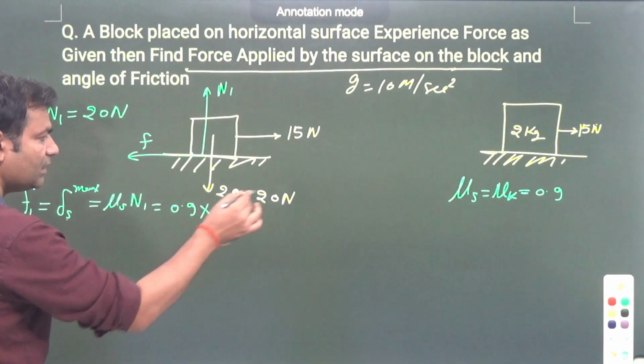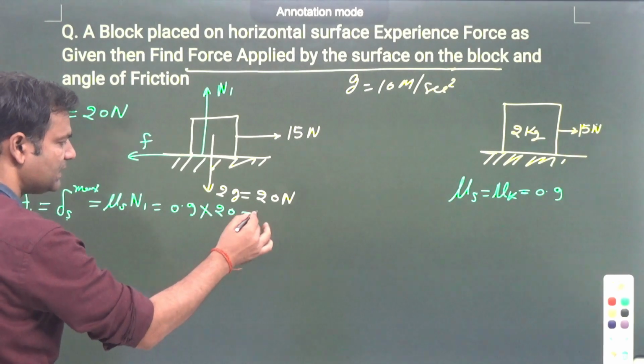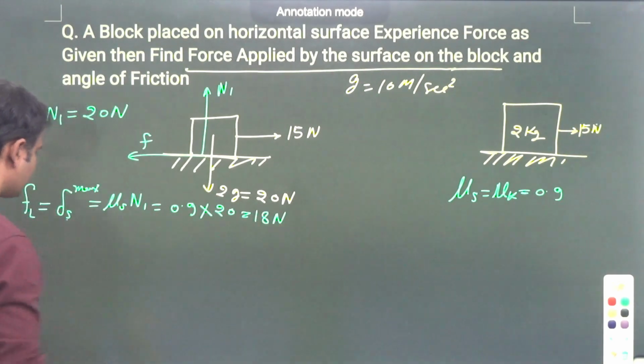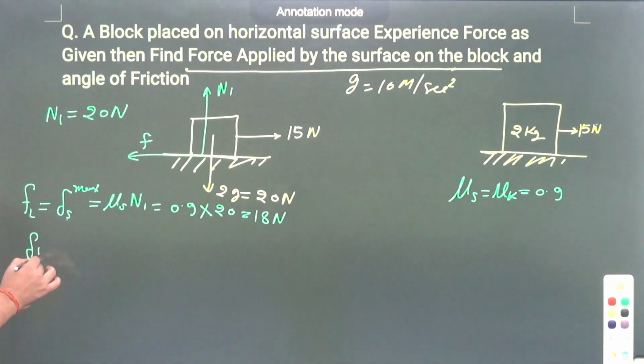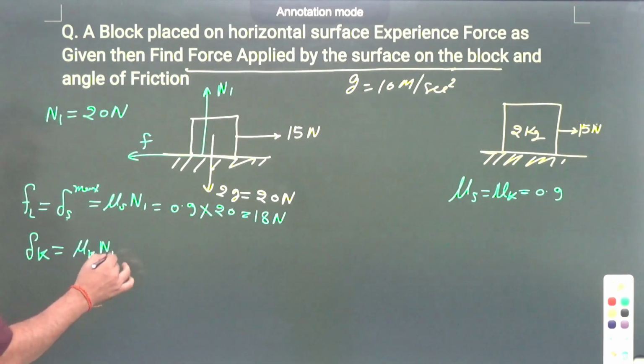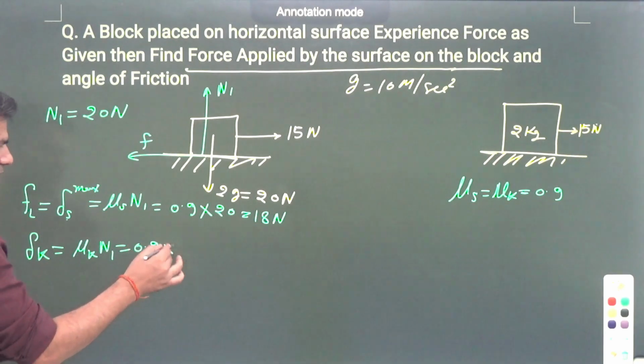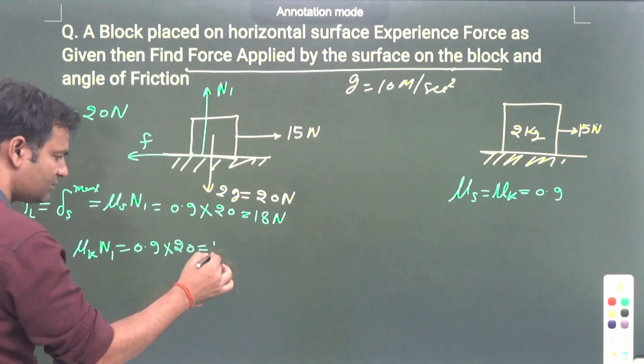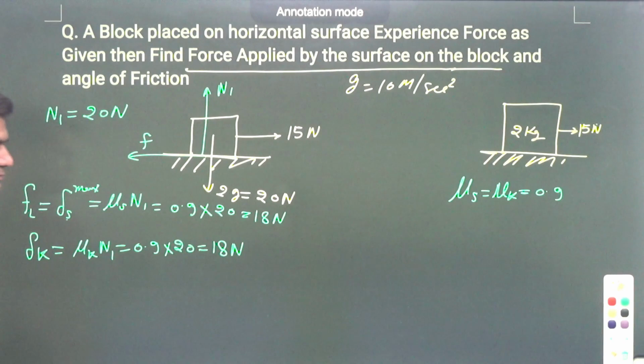That is 0.9 into 20, which is 18 Newton. And the kinetic friction, mu k into N1, is 0.9 into 20, also 18 Newton. Clear or not? Very simple.